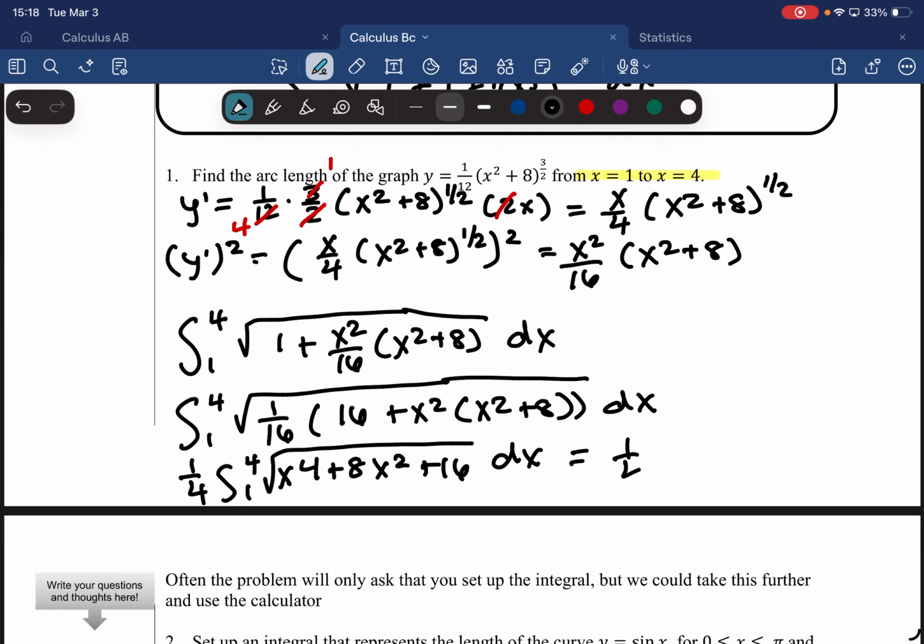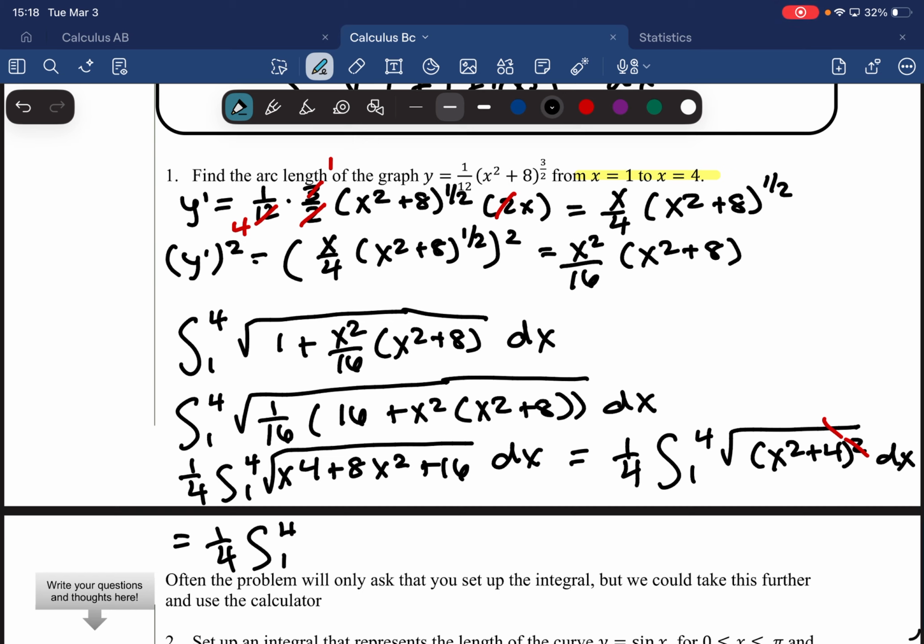So 1/4 integral of 1 to 4 square root of (x squared plus 4) squared dx. It's a perfect square, x squared plus 4, because the square and the radical cancel out. So now I have 1/4 integral 1 to 4 of x squared plus 4 dx, which is a lot easier to integrate now.